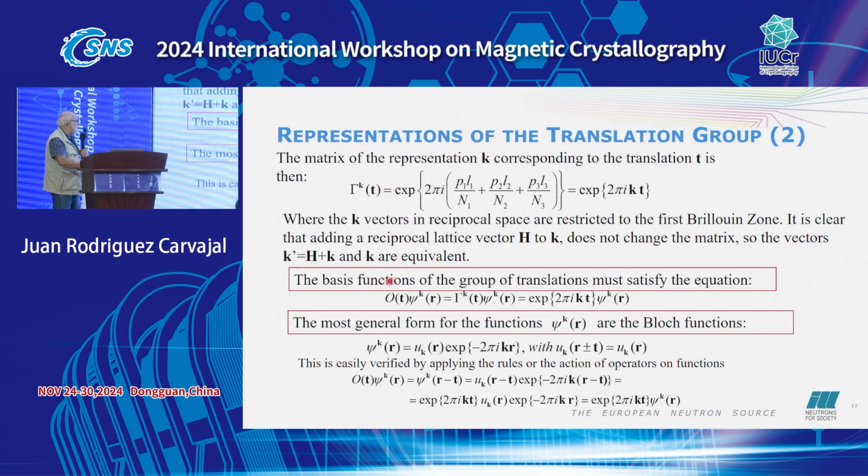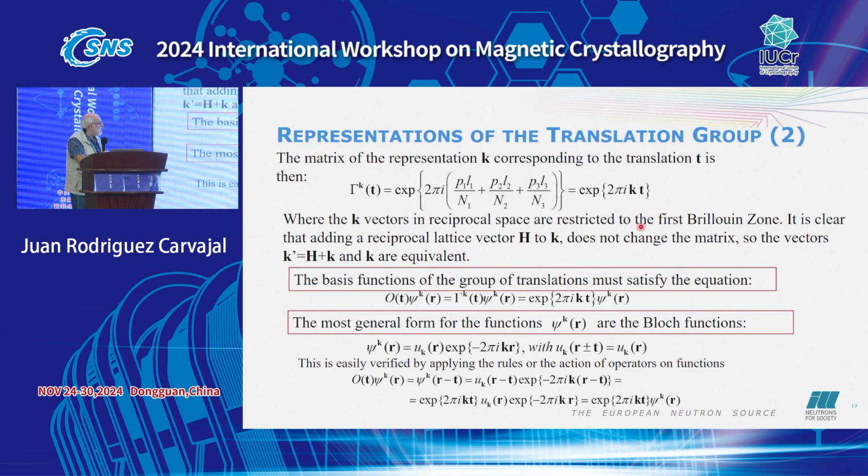One important thing that I will not detail here is that the most general form of the basis functions are Bloch functions. Bloch functions are of this form, u_k(r) exponential minus 2 pi i k r, with u_k a periodic function. This is what you have to put. These are the basis functions we use, for example, in calculation of electronic structure of materials. Well, then the K vector is very important because it's also the label of the translation groups.